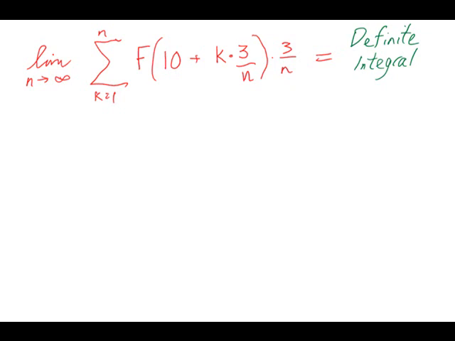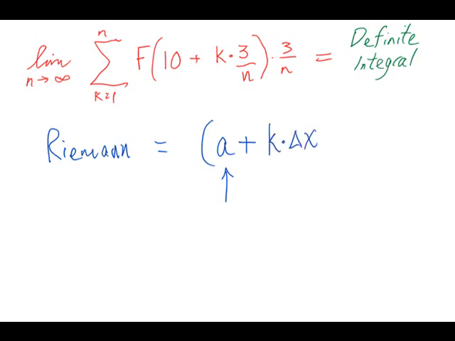So let's take ourselves back to the early example. So remember in the early example, the earliest lecture example, we were doing a Riemann sum. And what did that Riemann sum look like? Well, we were taking some value a, which was the initial value of the Riemann sum. We were adding to it some k times a delta x, and then that times another delta x.